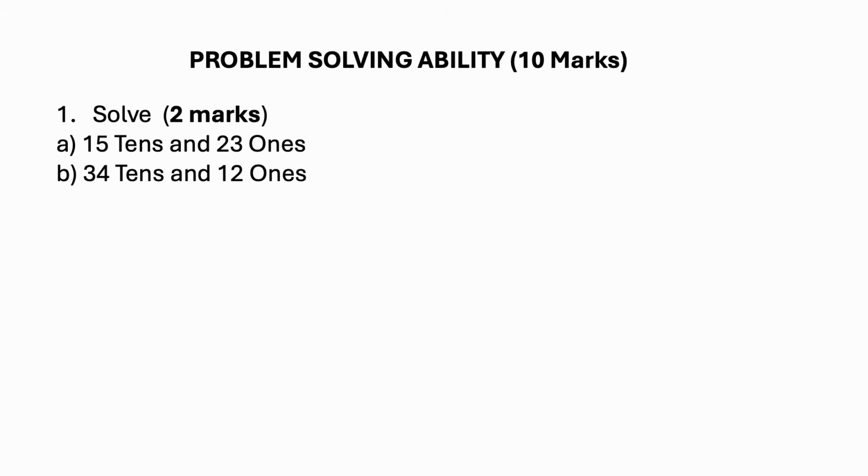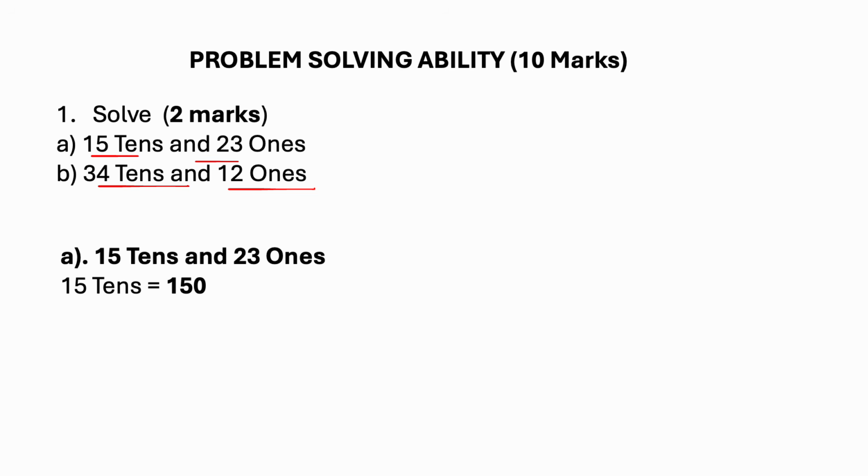Next one, solve. First one, 15 tens and 23 ones. Second one, 34 tens and 12 ones. So first one, 15 tens and 23 ones. 15 tens is equal to 15 into 10, that is 150.